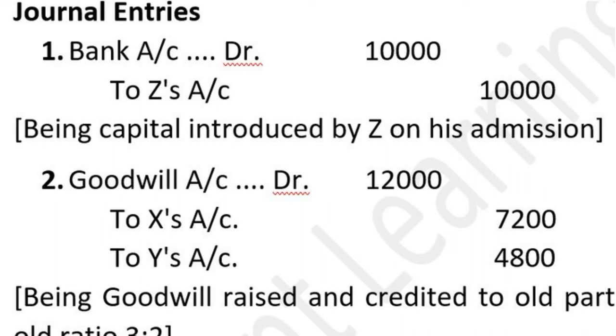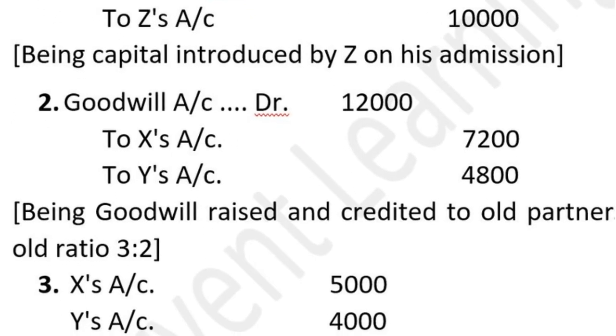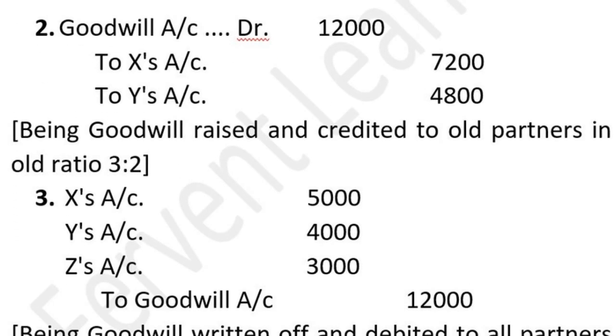So, goodwill account debit 12,000 and X account credit 7,200, Y's account credit 4,800. Being goodwill raised and credited to old partners' accounts in the ratio 3:2. Here, the firm is crediting old partners' accounts with the existing amount of goodwill in their old profit sharing ratio.